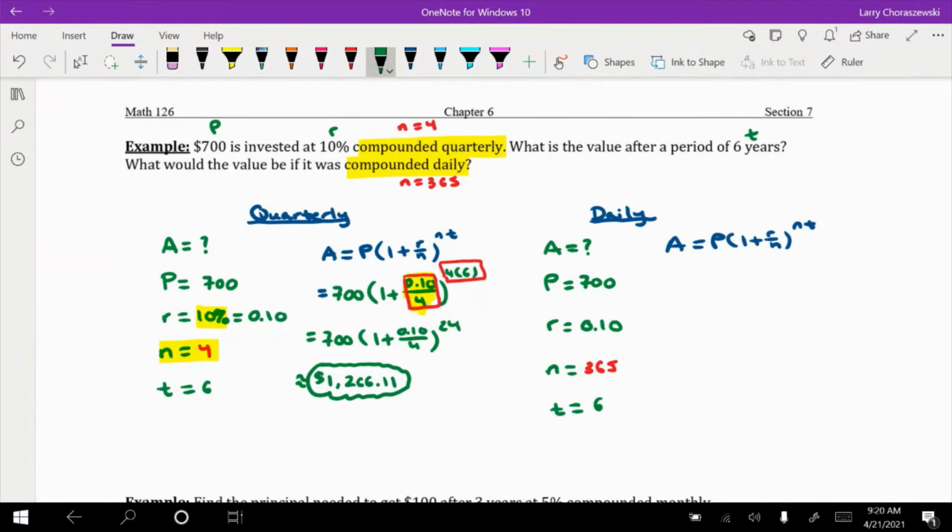And I'll invite you to do the daily calculation. All right, I'll jot down my solution.